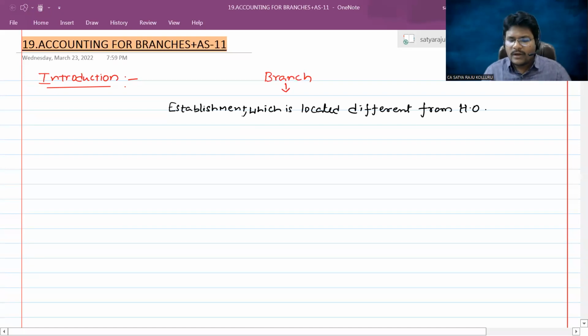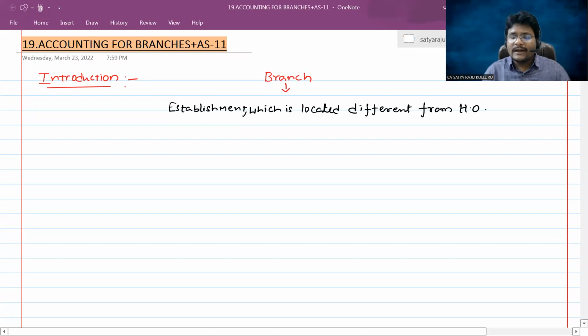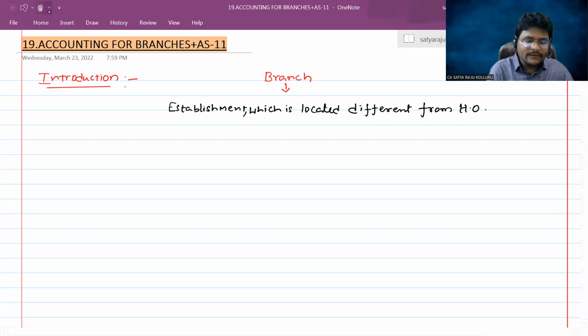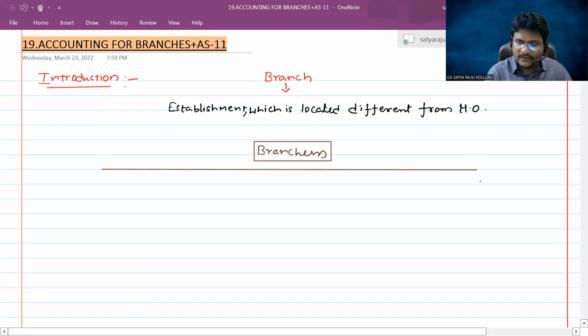Now, coming to the accounting perspective, for the purpose of providing accounting treatment of that branch, branches are broadly classified into two types. Those are inland branches and foreign branches. How many types of branches, guys?